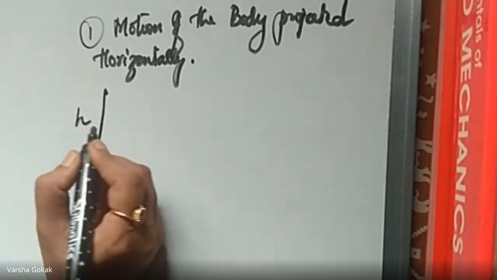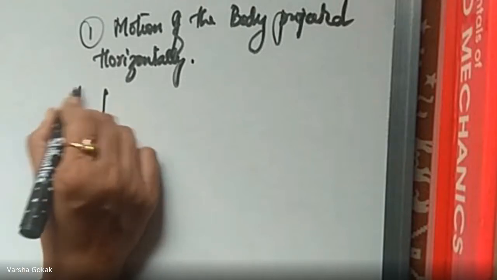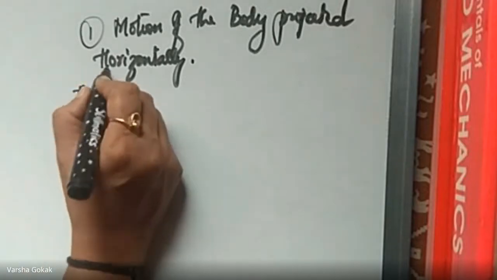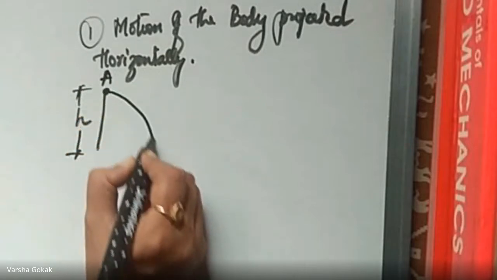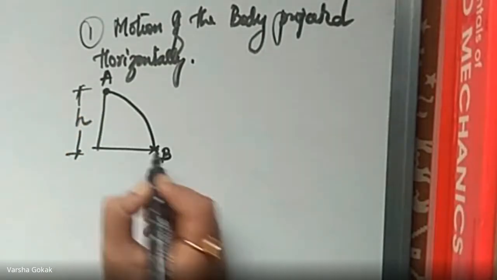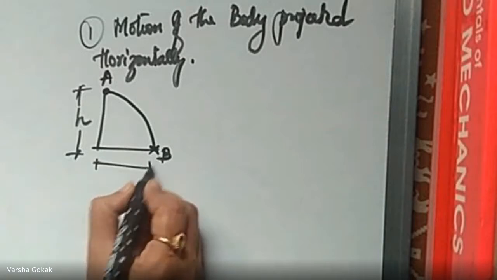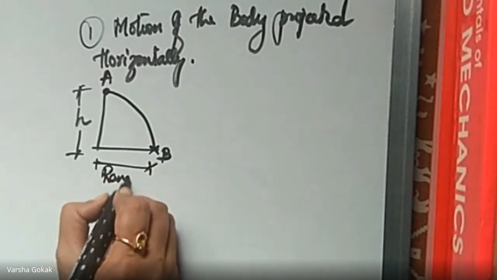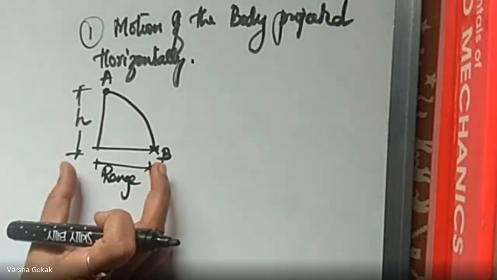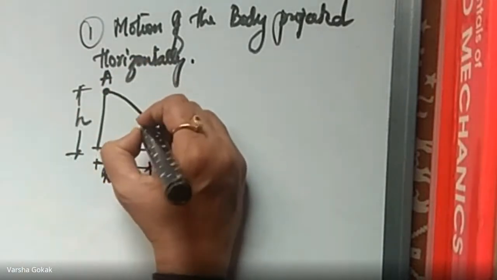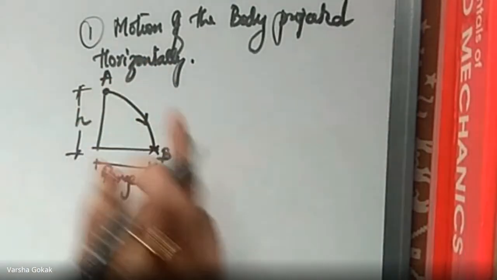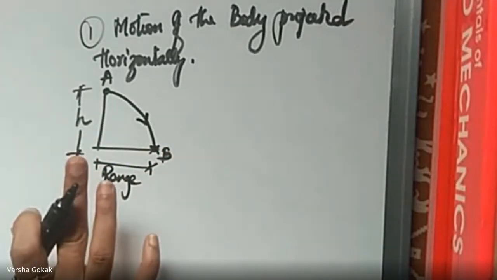With some initial height h, I am going to drop a particle from point A to point B. That time, only this half is going to become my range. This much distance in itself is going to become the range, and this is the trajectory of the particle from A to point B. So this is going to be the diagram.